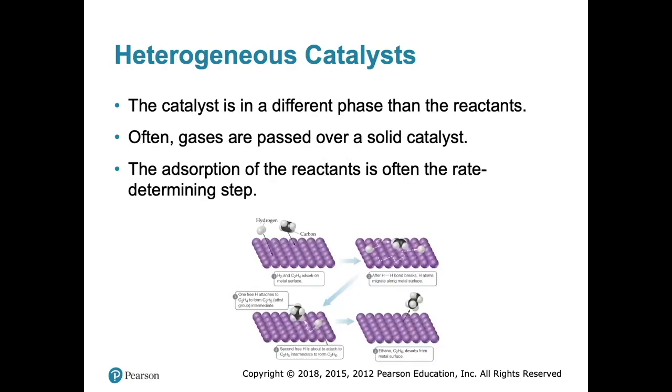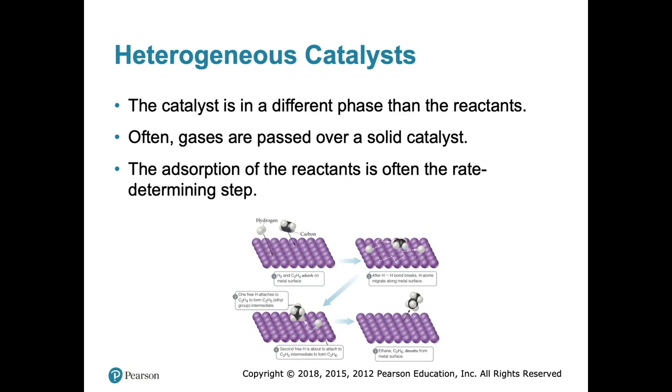And then this is the reaction I was talking about before, the hydrogenation of fats. That's a heterogeneous catalyst because the catalyst here is this platinum metal right here. The reactants are the hydrogen molecule there and the hydrocarbon, like a fat.